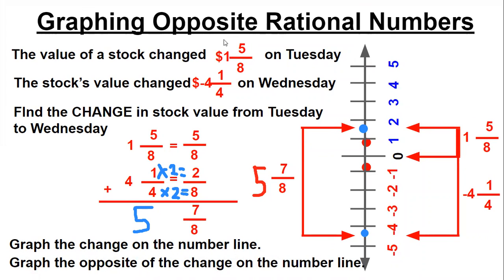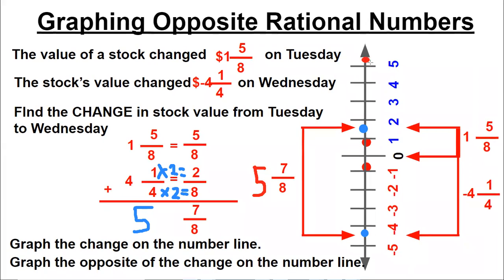So if I was to graph 5 7/8, that would be up here somewhere. I was graph the opposite. -5 7/8 is down here somewhere. So that's where you should be looking. Ignore these. X those off. Those are wrong. Those are only 7/8 of -7/8. Okay, I'm going to clear this and go on from there.